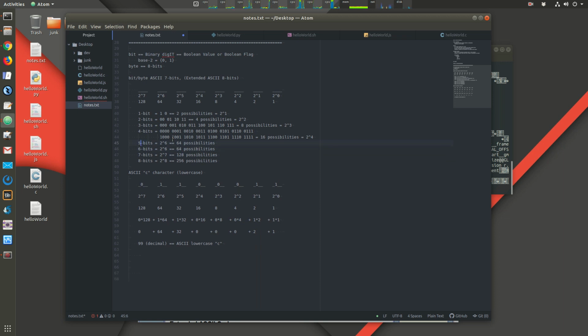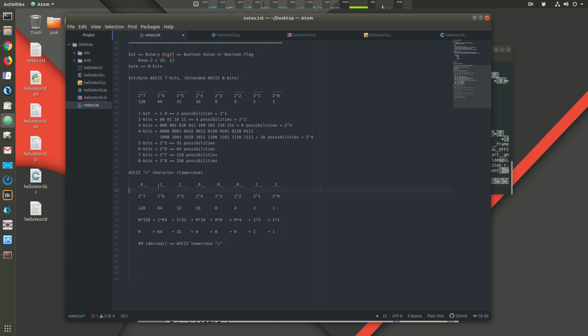We'll go 5 bits. What's half of 64? 32. What's half of 32? 16 possibilities, 4 bits. So when you want to know how many different numbers you can write given a certain number of digits, you always take the base of the number system you're working in and raise it to the power of the number of digits.